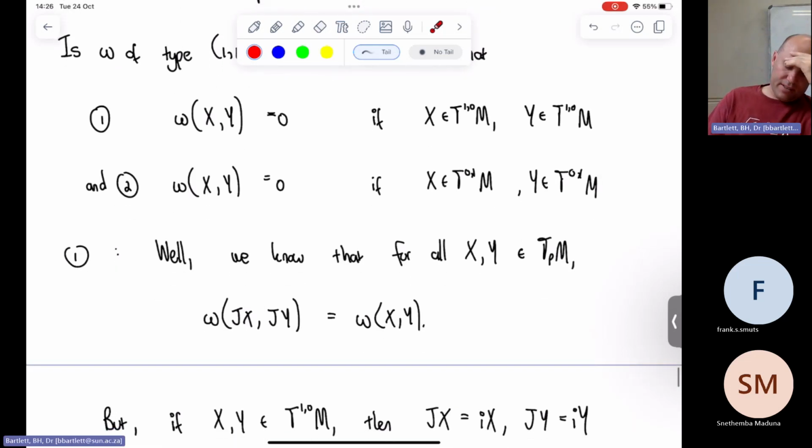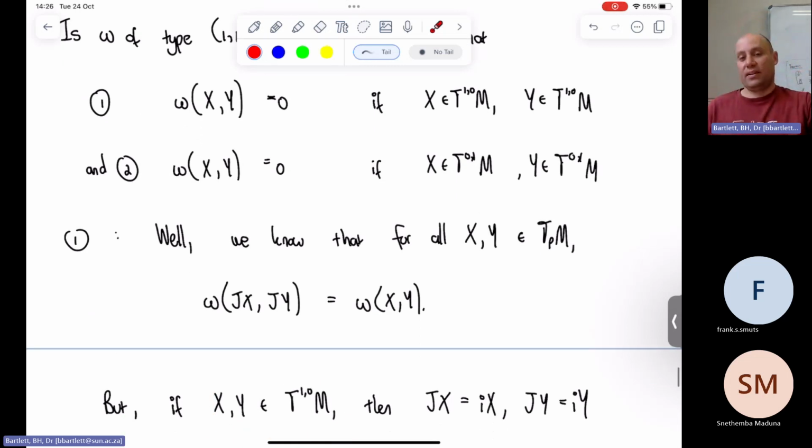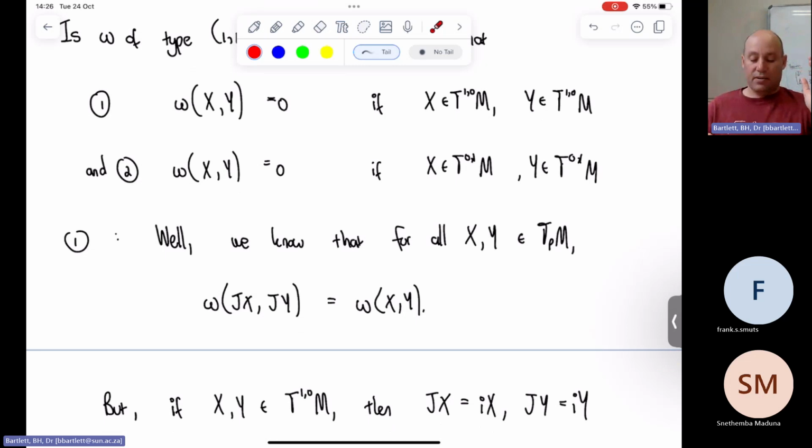Now, on the other hand, if my vectors are of type (1,0), remember that means they're living in the complexified space, then J applied to such a vector is i times such a vector. That's the definition of the (1,0) space. It's the plus i eigenspace for J. So J applied to x is ix and J applied to y is iy.